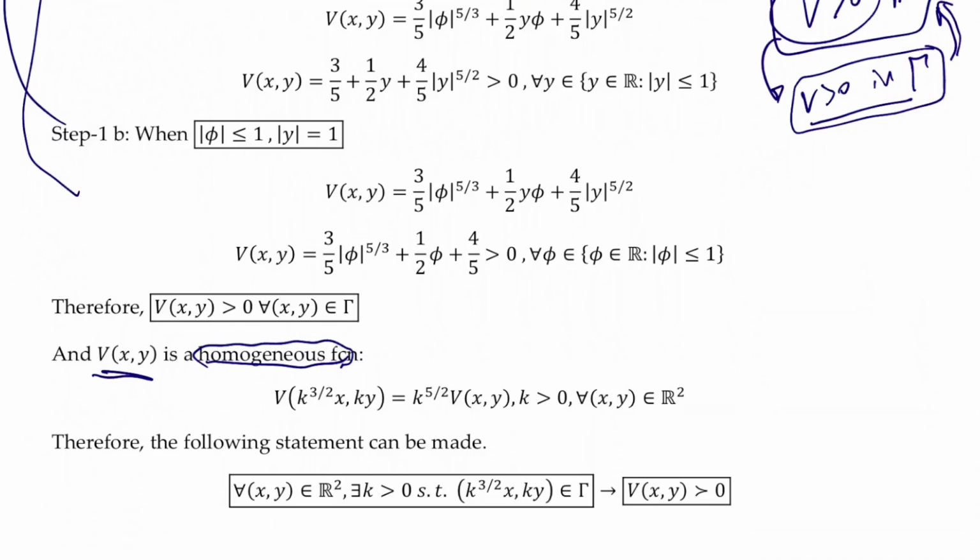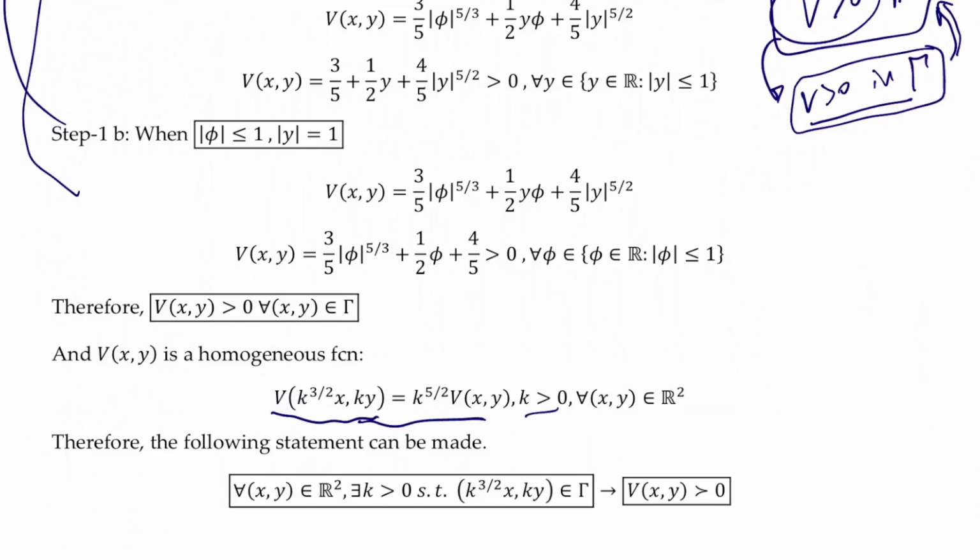If you check this equality, you'll see that that is the case. Here that is weighted homogeneity, and you can write this, and this means that V is weighted homogeneous, and K is positive on the whole R2.